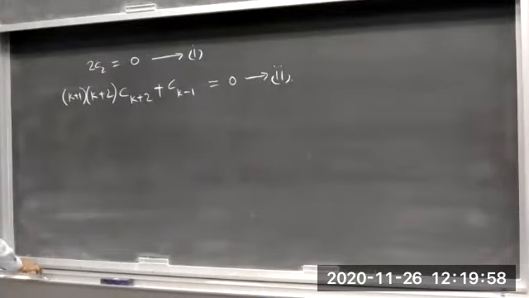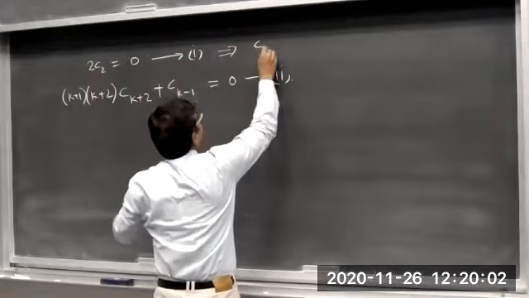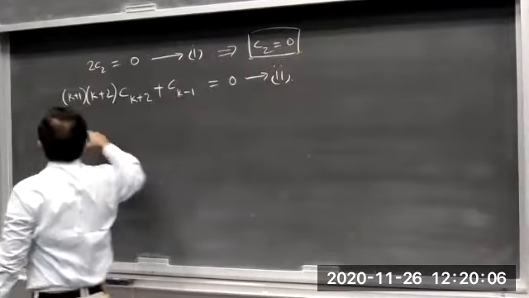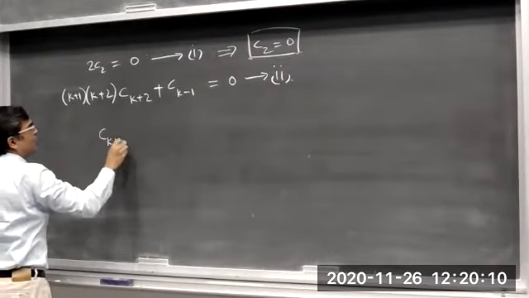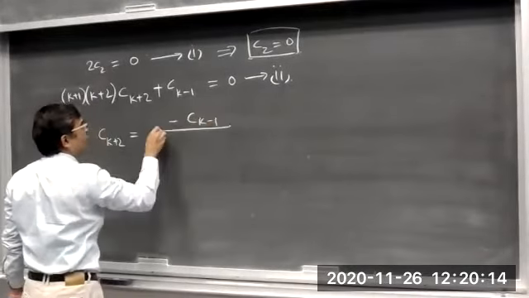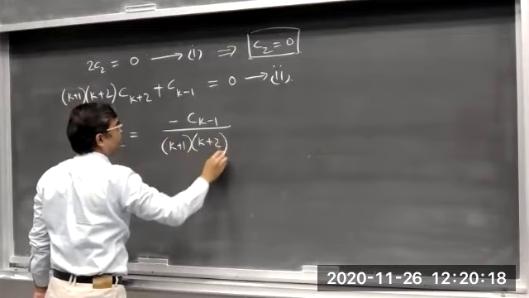Now from the first equation, we can obtain that C2 is 0. And from the second equation, we can obtain c(k plus 2) is equal to negative c(k minus 1) divided by (k plus 1) into (k plus 2).